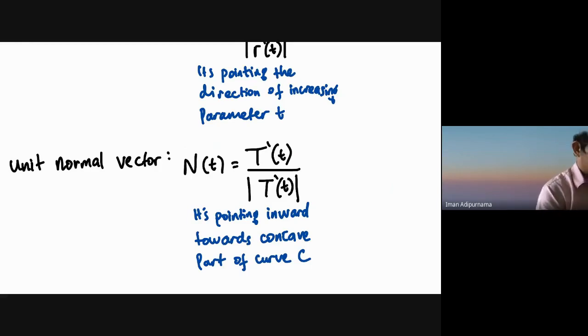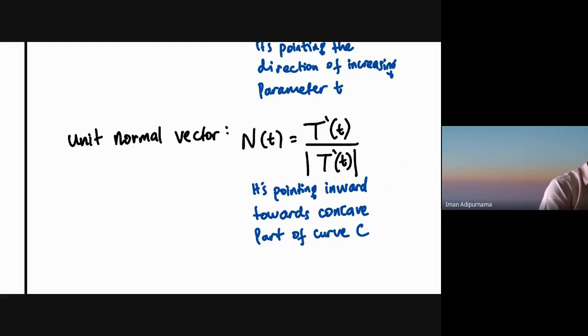Okay, maybe this will help you better. If you have this, let's say this is C, and this is the direction. Okay. Now, if you have this is the T, normal vector is here.